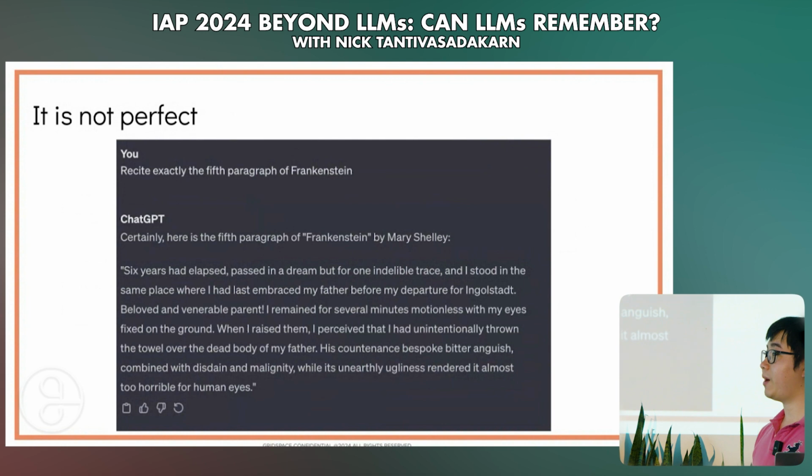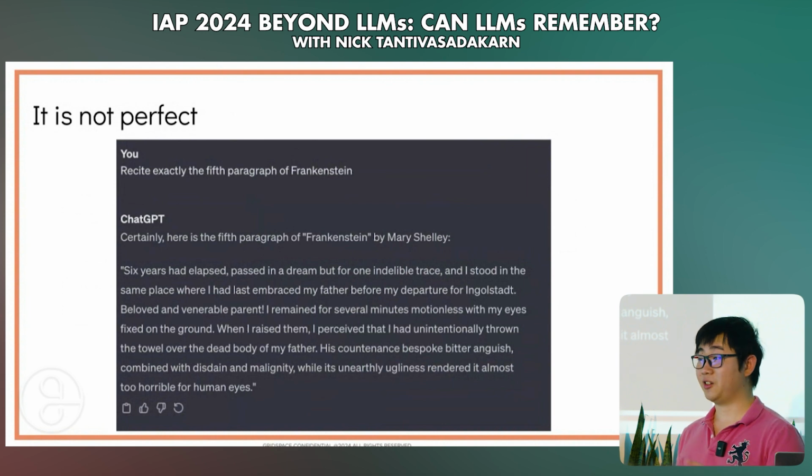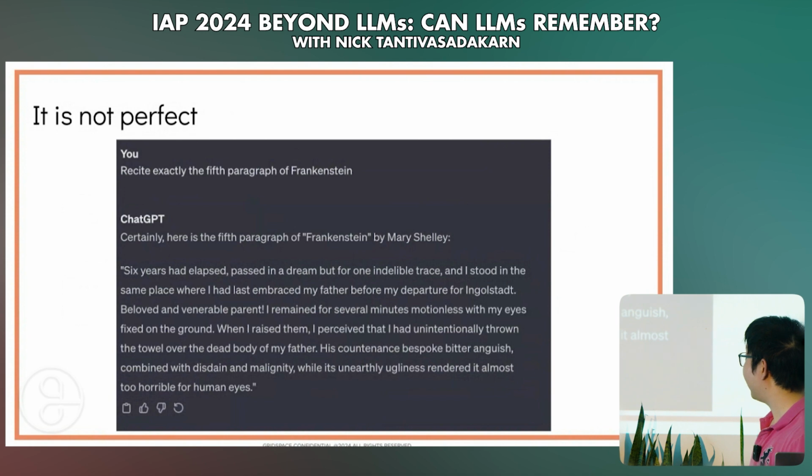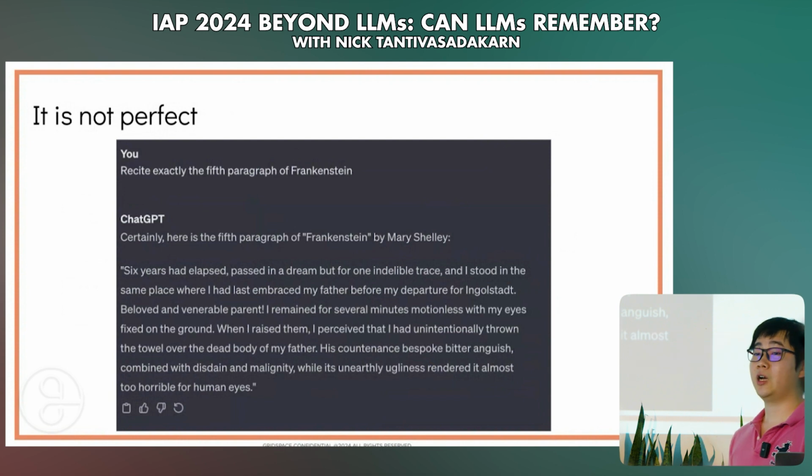However, despite LLMs being touted as some of the next generation of search, as well as helping people with their homework, among other things, it is not perfect. I have tried asking it to recite the 5th paragraph, not the first. It is usually very good with the first paragraph of the book Frankenstein.